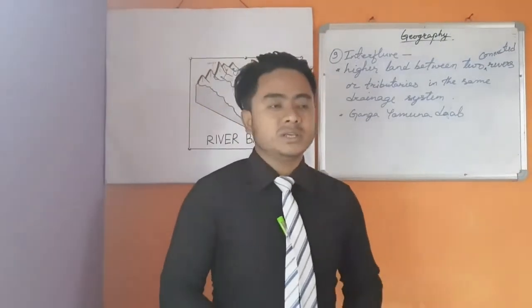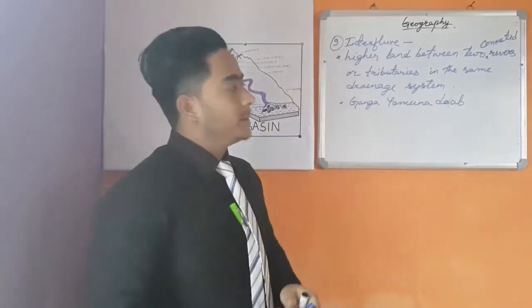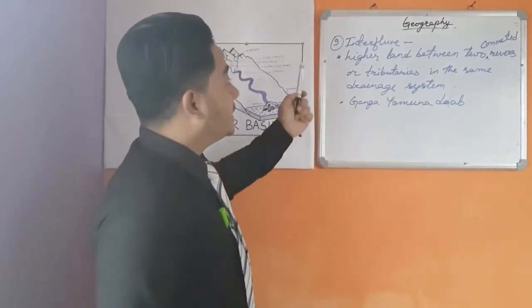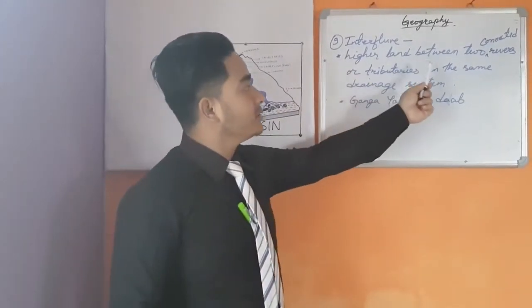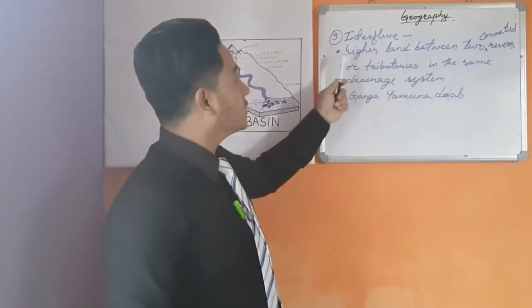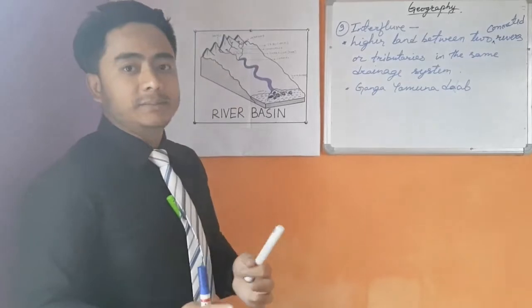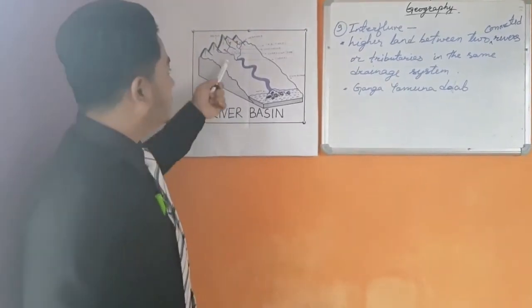The ninth one is interfluve. What is interfluve? Let's understand. Interfluve is the higher land between two connected rivers or tributaries in the same drainage system. Let me help you all understand with the help of this diagram.